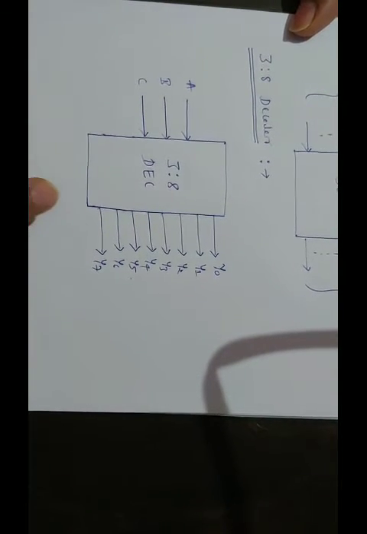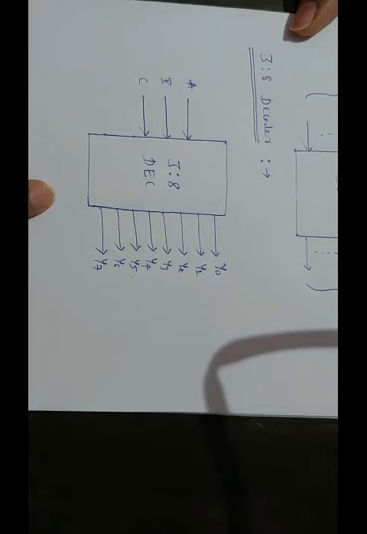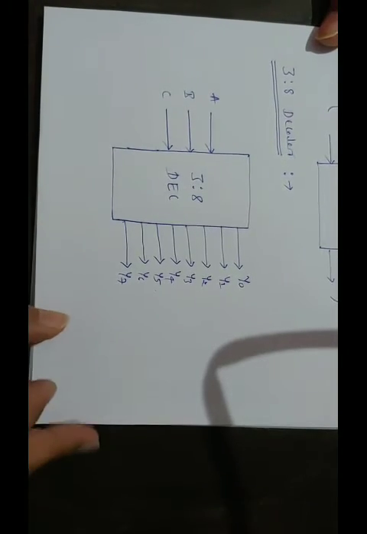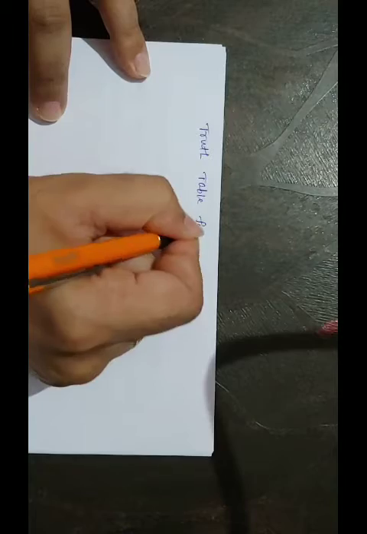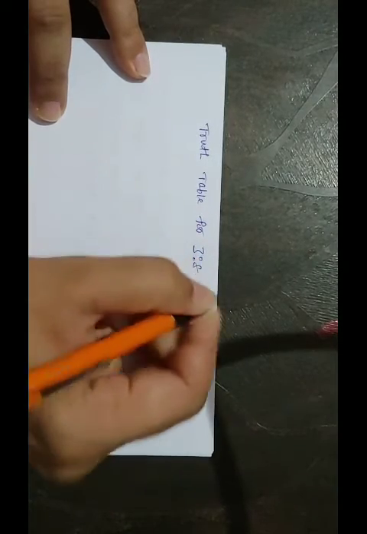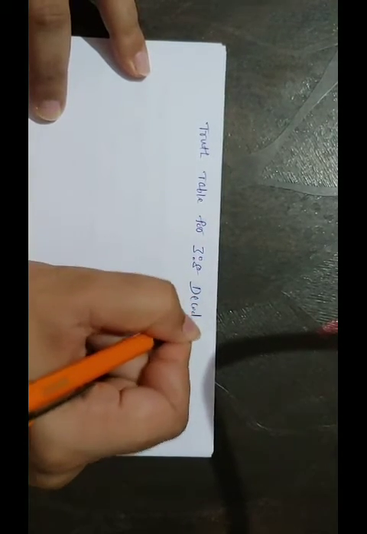Based on this we are going to draw the function table, which is also called a truth table. Let us draw the truth table for the 3:8 decoder.